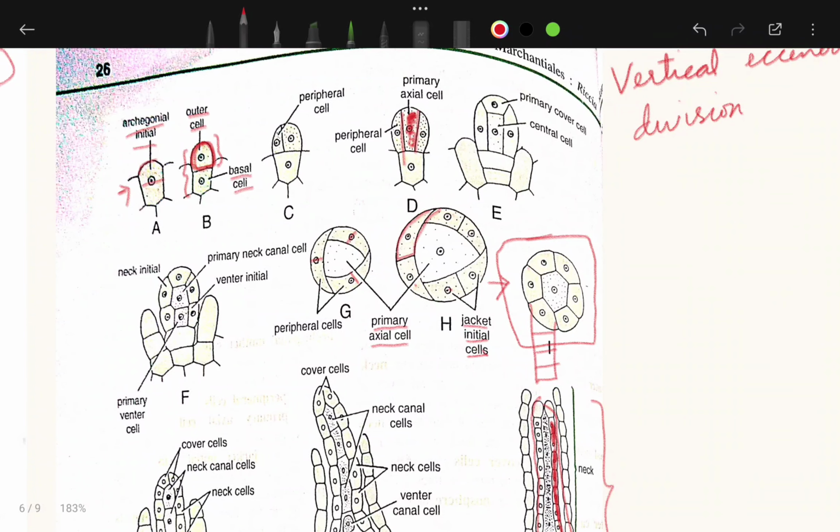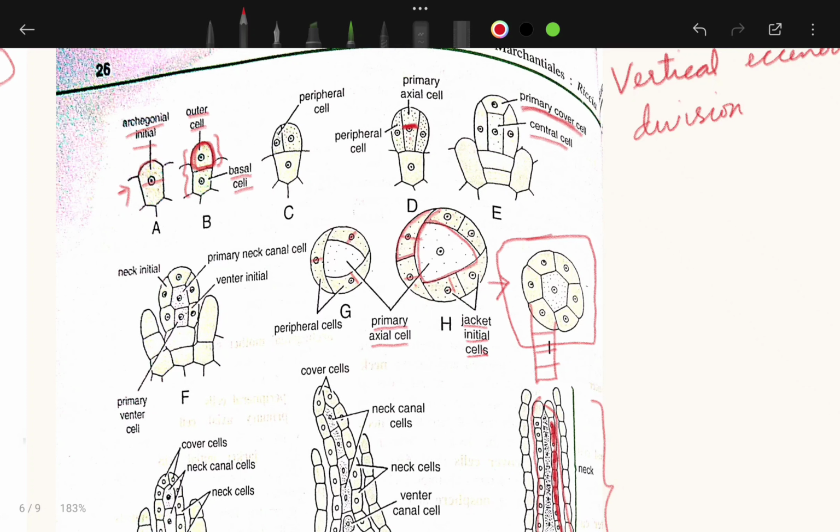All right, now what will happen? At the same time, when these cells are dividing, the primary axial cell in the middle will also start to divide. The first division will be a transverse division, and this will give rise to the upper primary cover cell, and the lower one will be known as the central cell. Now this primary cover cell will undergo 2 vertical divisions.